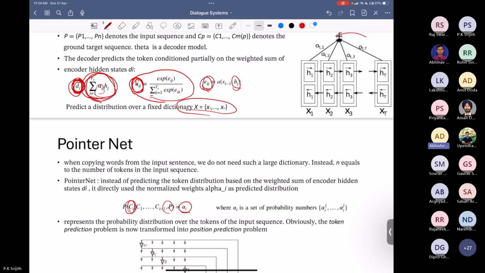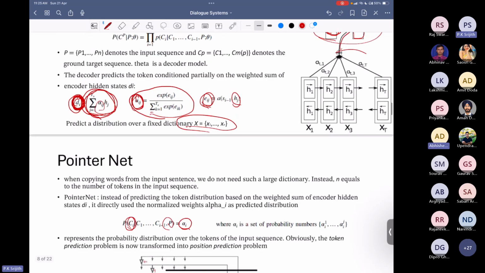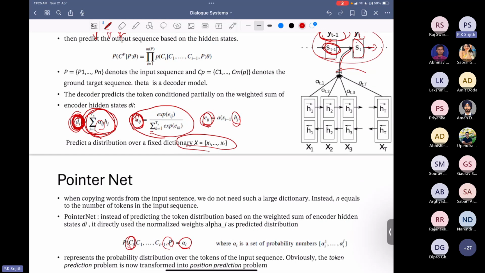In CopyNet also you are using alpha i in combining the hidden representations, basically to decide to which hidden representation you should give more attention. And yeah, you form this vector di, which is a weighted combination of those hidden representations, and you use di to generate a probability distribution over all possible words you want to generate.